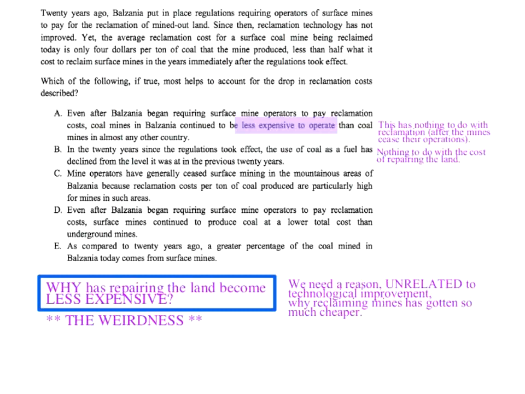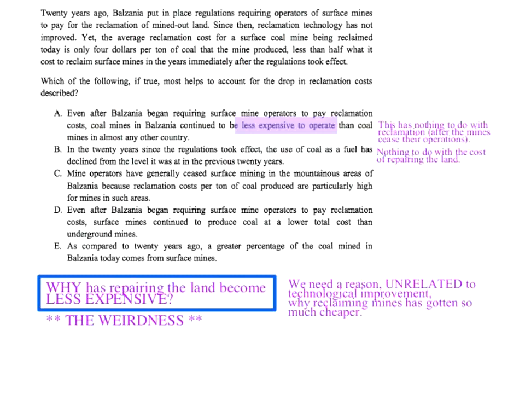They have ceased surface mining in the mountainous areas because reclamation costs are particularly high. So what this says is that recently the mines that have been operating have not been in the worst possible land.